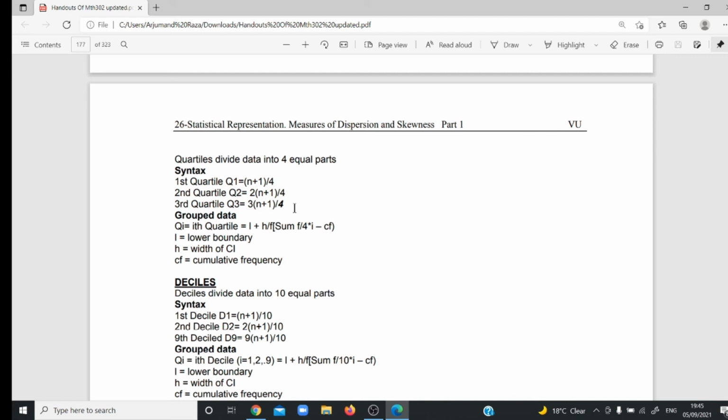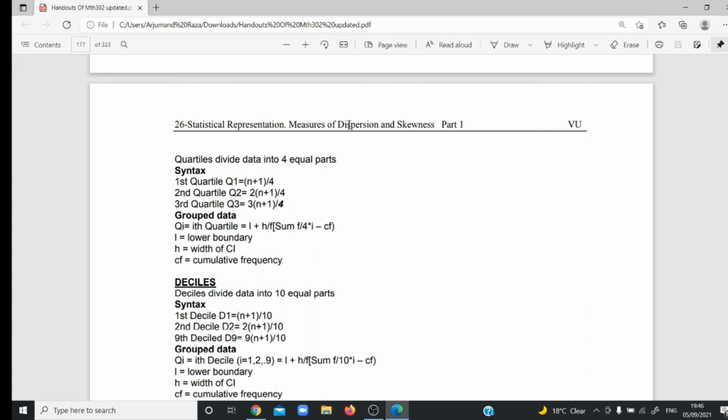Okay, for discrete data the formula will be a little bit different. This is for individual data, the individual series. For discrete data the formula is: Qi, the ith quartile, is equal to L, the lower boundary, plus H, the width of the class, times F, the frequency or cumulative frequency.